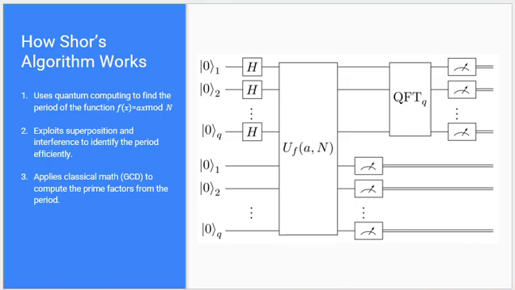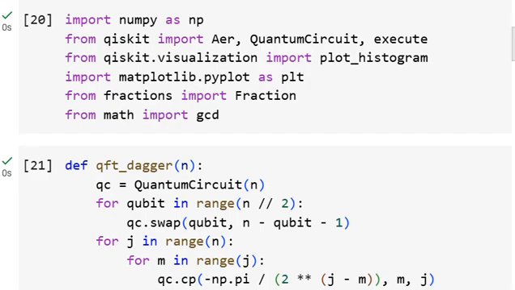So what does this program do? Let me show you what I did step by step in Google Colab to run Shor's algorithm to find the secret factors of 15. First, setting up the quantum circuit. I used some special code in Google Colab, importing from Qiskit, to set up my quantum computer.